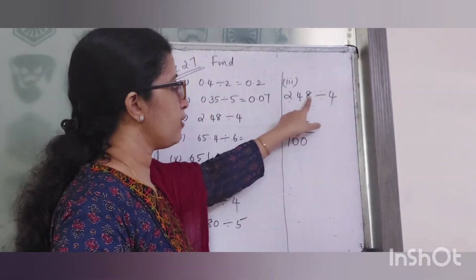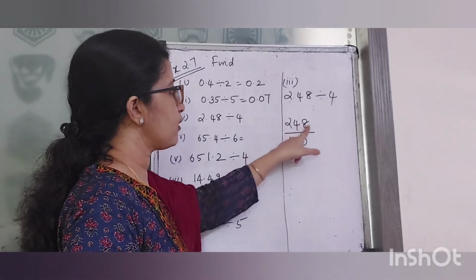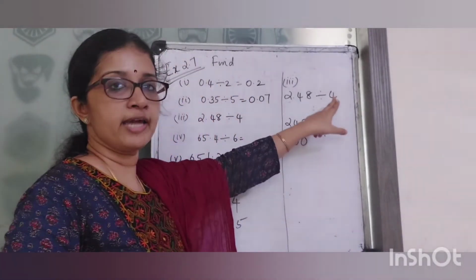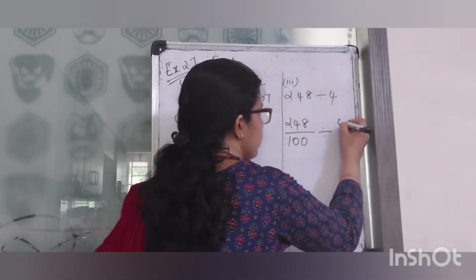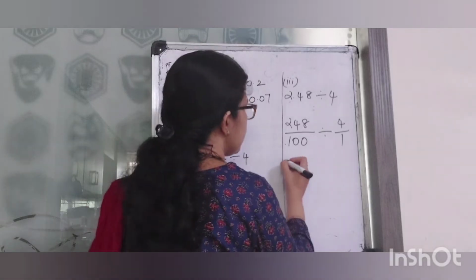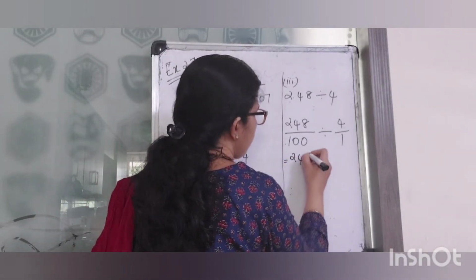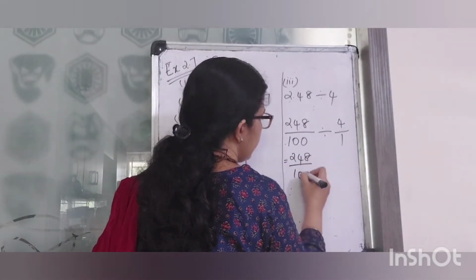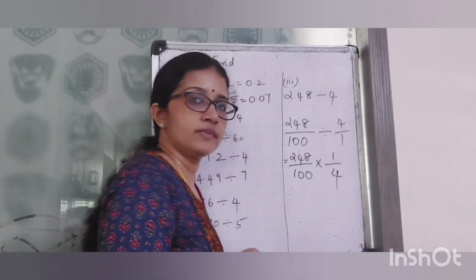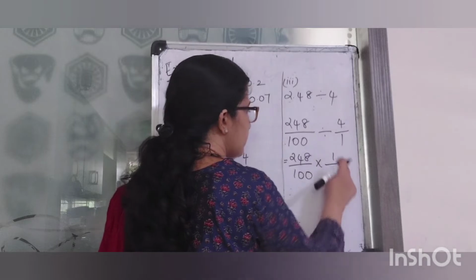So we can write 2.48 as 248 divided by 100, divided by this 4, which can be written as 4 by 1. Now this is equal to 248 by 100 into 1 by 4, correct? The reciprocal of 4 by 1 is 1 by 4.